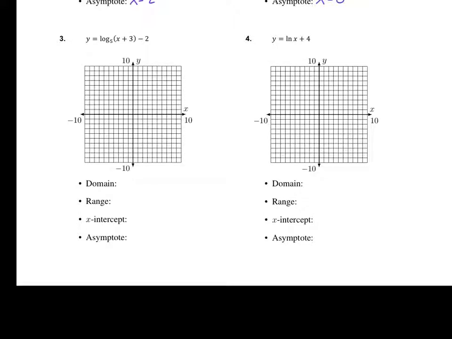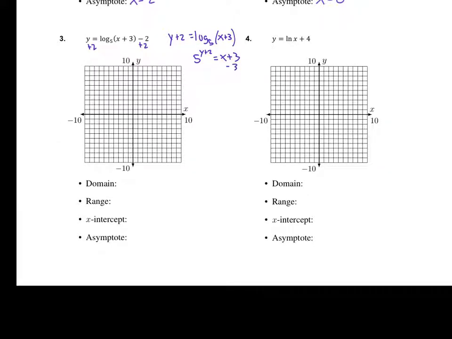For this one, we have to do a little bit more to move things over, so we're going to add 2, which gives us y plus 2 equals log base 5 of x plus 3. Now we're going to go 5 to the y plus 2 power equals x plus 3.